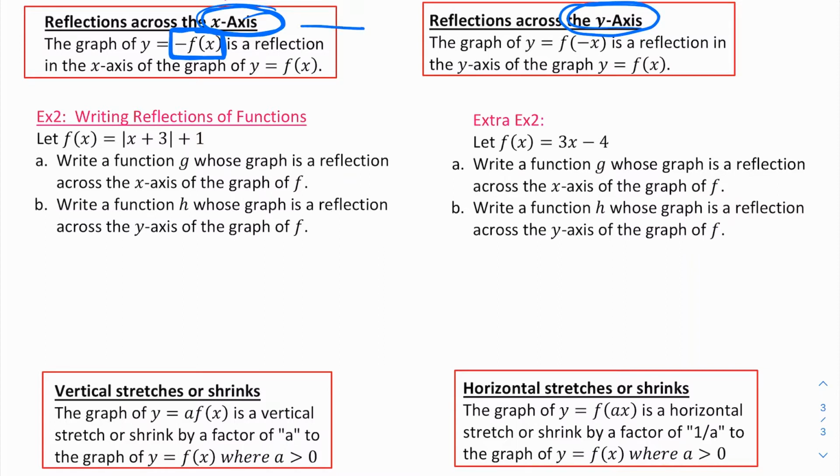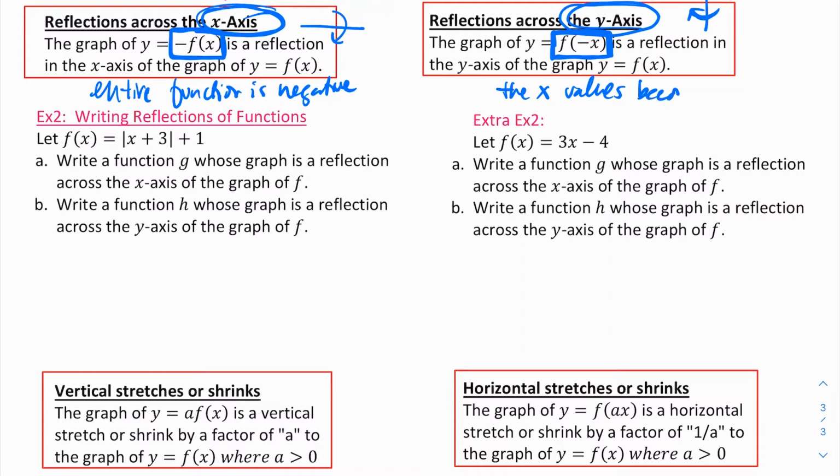Reflection across the x-axis is this way. Reflections across the y-axis are this way. And this one makes the x values negative. So for the x-axis, the entire function is negative. And for reflections across the y-axis, the x values become negative. Those are two different things.